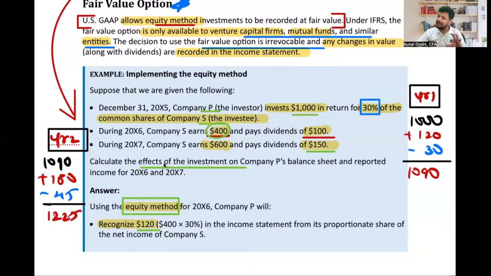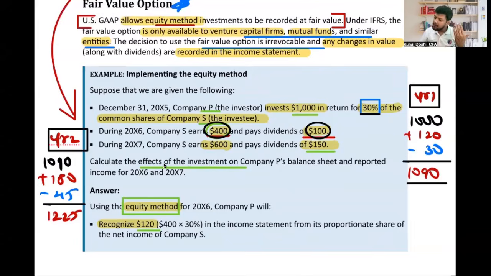Out of those 400, our stake is 30%. So 30% of that 400 belongs to us. All right, everyone in the class. So at the beginning, the company's investment was 1,000. And then 30% of 400 is what we will add as proportionate earnings. And 30% of the dividend will be deducted from our investment account. All right. So this will be our ending investment at the end of first year.